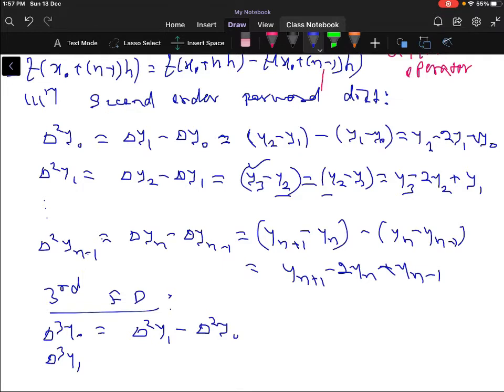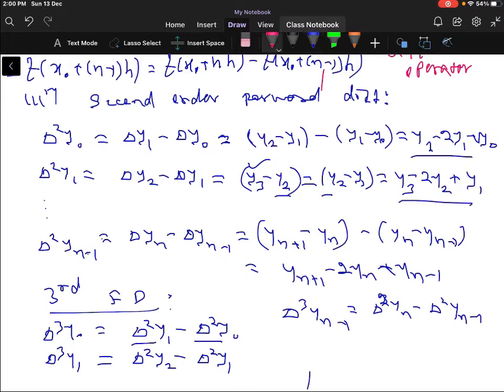So delta cube y1 can be defined as delta square y2 minus delta square y1 and so on. Delta cube yn minus 1 can be written as delta square yn minus delta square yn minus 1. Similarly, we can define the higher order forward differences also. So let us discuss the forward difference table.